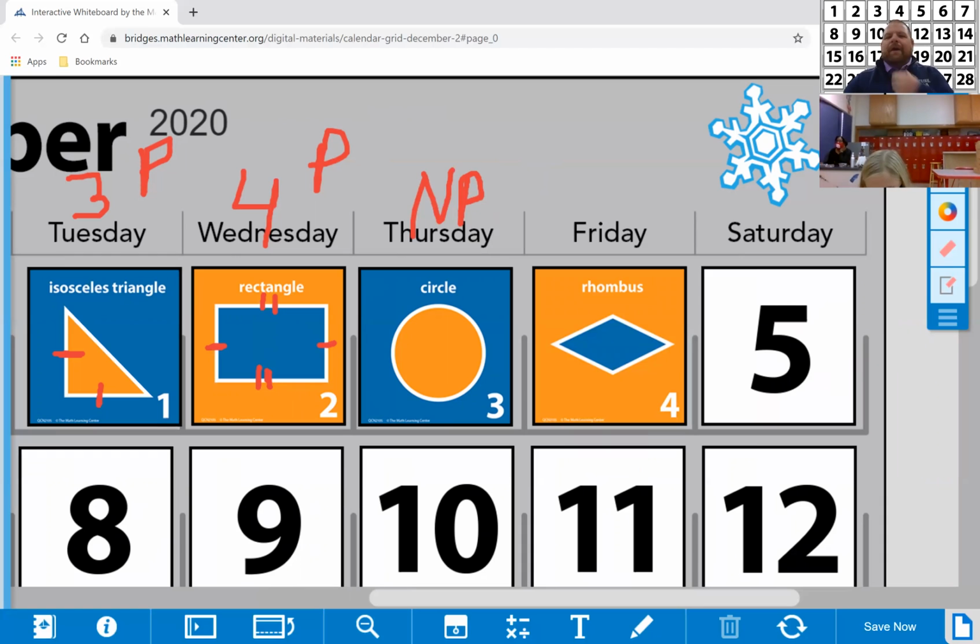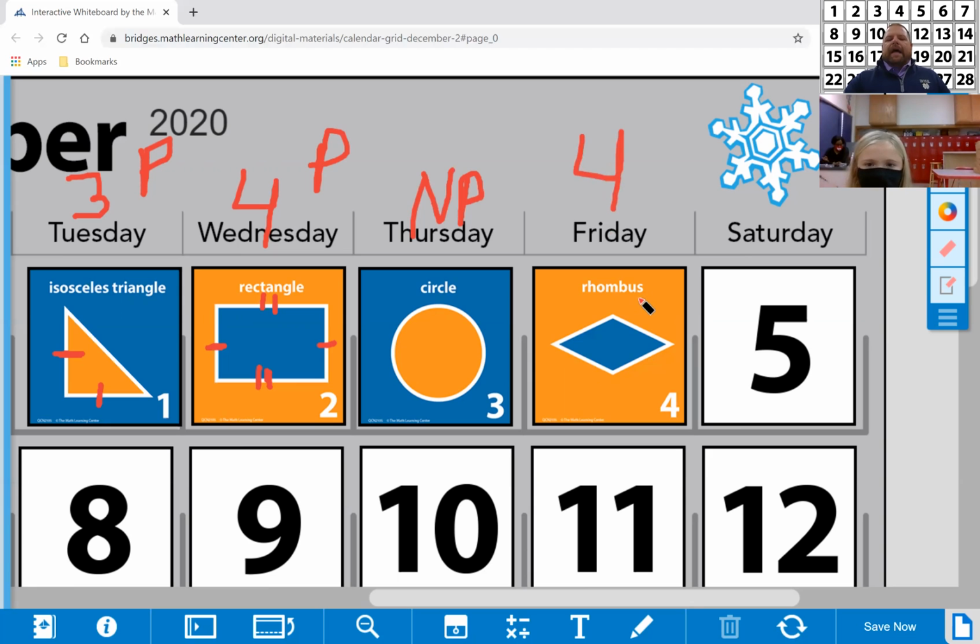Kind of. Well, let me ask you this. How many sides does it have? Let's count. 1, 2, 3, 4. So this is another quadrilateral.